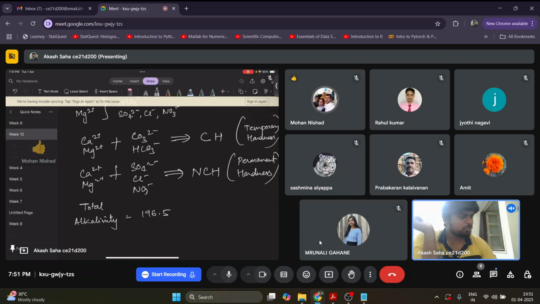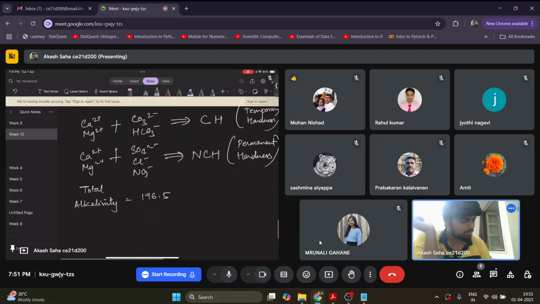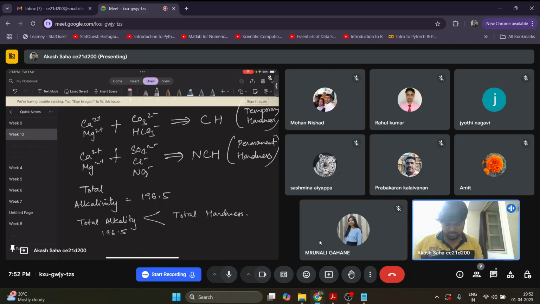Now you just think, so here my total alkalinity, 196.5, is less than what? It is less than my total hardness, which is 437.5.